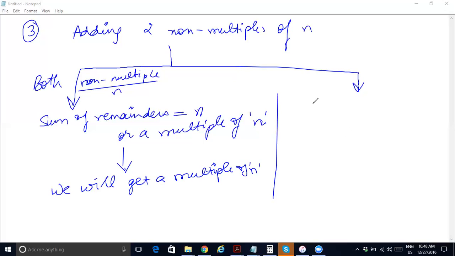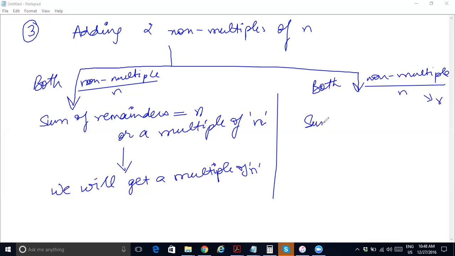Second case, when we are doing again the same thing, we divide each non-multiple by n to get a remainder for both the numbers.